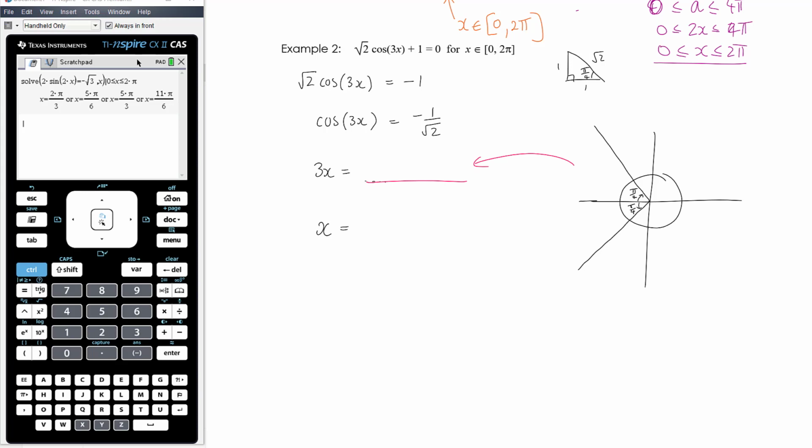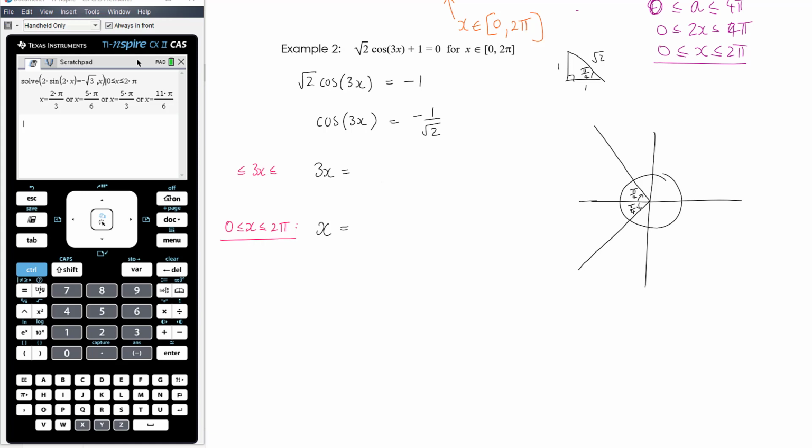Okay, so what I want to do is think about, what do I know about my domain? So I know the final domain at the end, down here, x has to be between 0 and 2 pi. The previous line, we're not solving for x, we're solving for 3x.